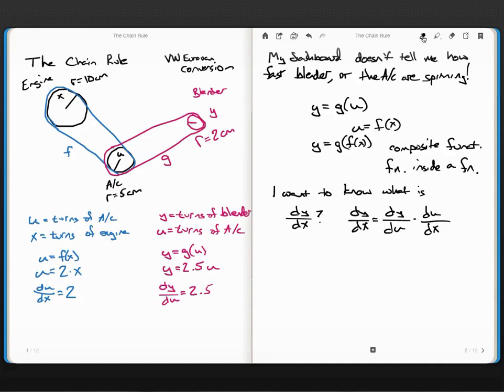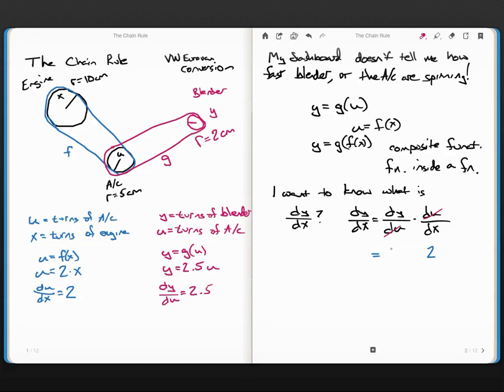Oh, and look at that, that's kind of slick. Those cancel. So this makes sense in all sorts of ways. How fast this is going relative to this is the same as how fast this goes relative to this times how fast this goes relative to this. So I know that du dx is going to be 2, and dy du is 2.5 on the red side.